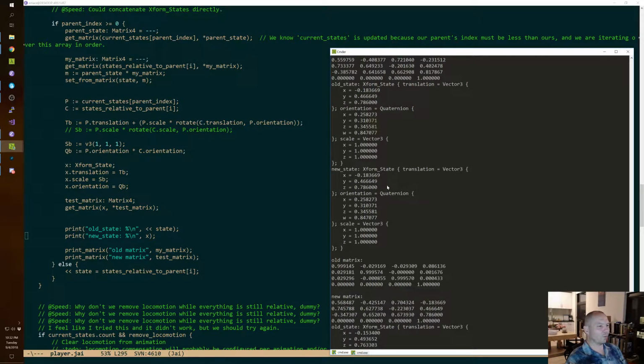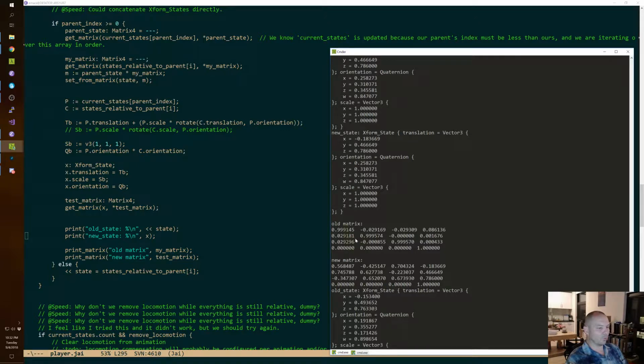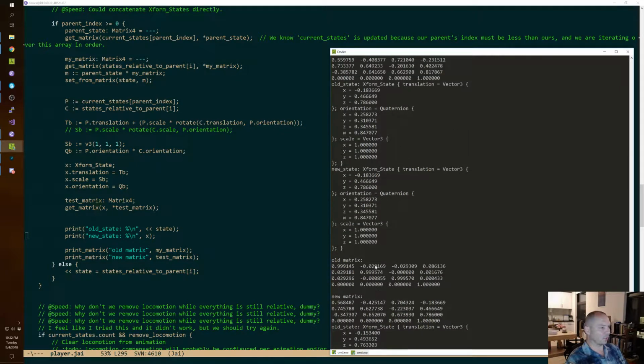In fact, it doesn't even look like we're more accurate, which gives me a little bit of dismay, but this is supposed to be faster eventually anyway, so whatever. These look the same to me. Old state and new state now look the same now that we're forcing the scale to be 1. Old matrix and new matrix, however, are not. So what is my deal?